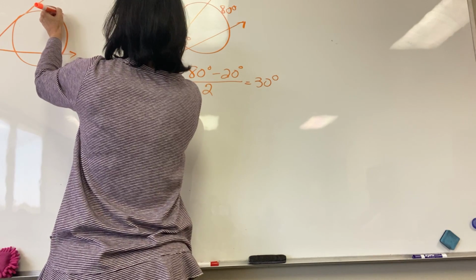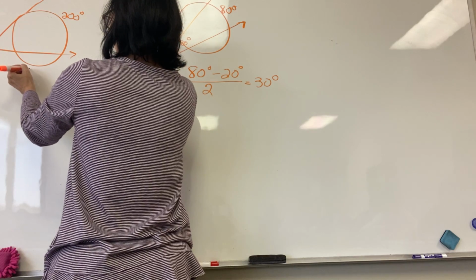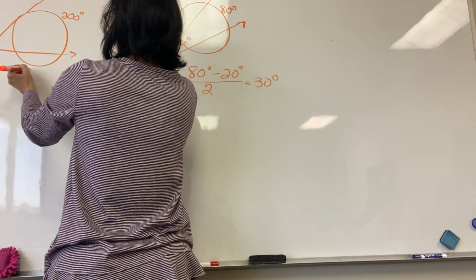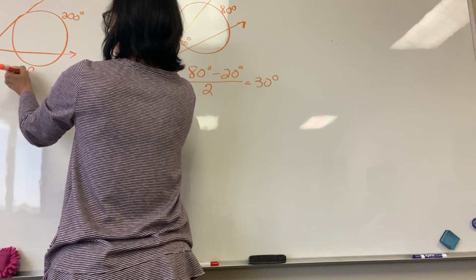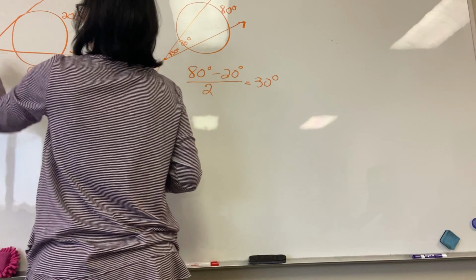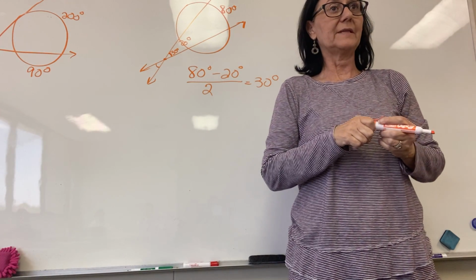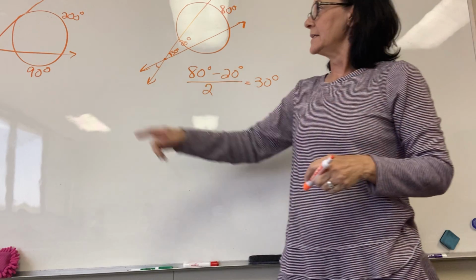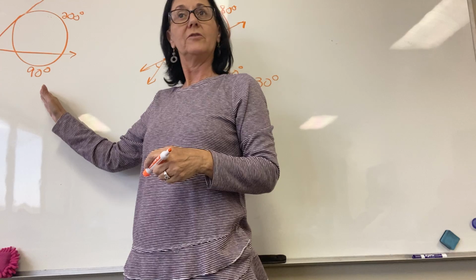I'm just going to make up nice numbers. And I asked them, what's the measure of that angle? Well, you know what the temptation to do is? Take the 200 minus the 90 and divide by 2.